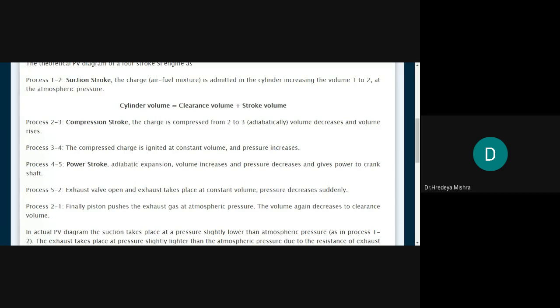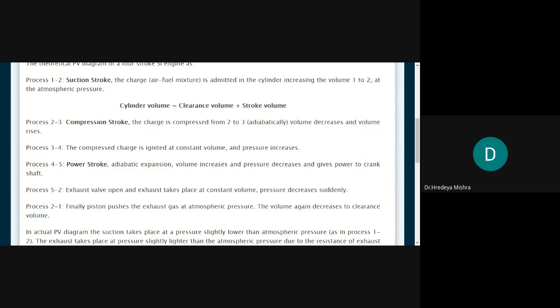Adiabatic expansion means the volume increases and the pressure decreases, giving power to the crankshaft. Due to this power stroke, the crankshaft is rotated and your vehicle is in the running position.